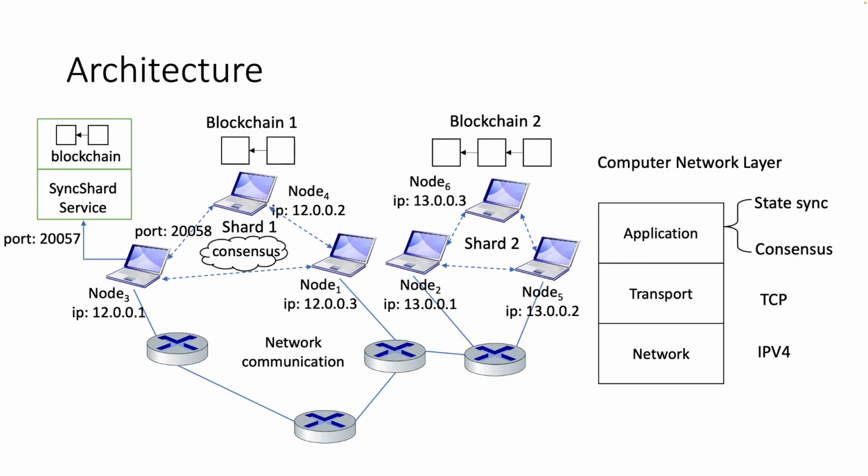In the network layer, we use IPv4 for routing the packages, or for communication between the nodes. And in the transport layer, we use TCP to show how the package can reach the destination.